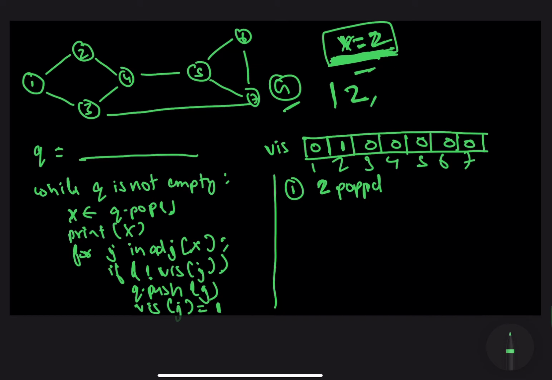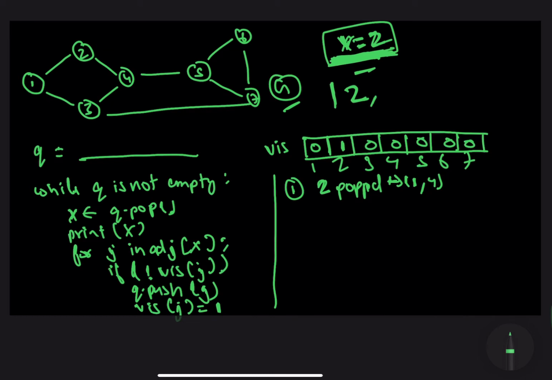Now we would iterate over all the nodes j that are adjacent to 2. In this case, the nodes adjacent to 2 are 1 and 4. So let's say we iterate over 1 and we check if 1 was pushed into this queue before or not. For that, we check if not vis of j.